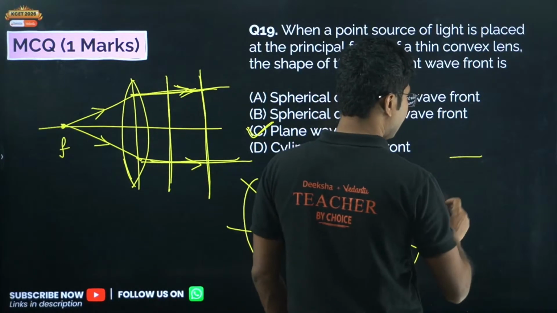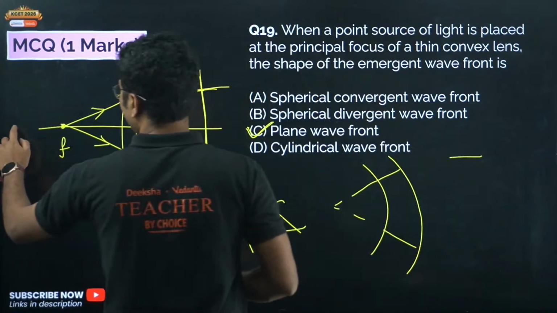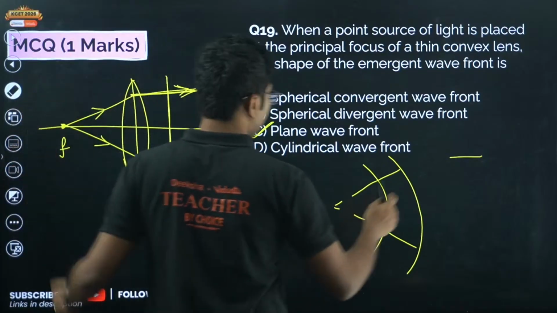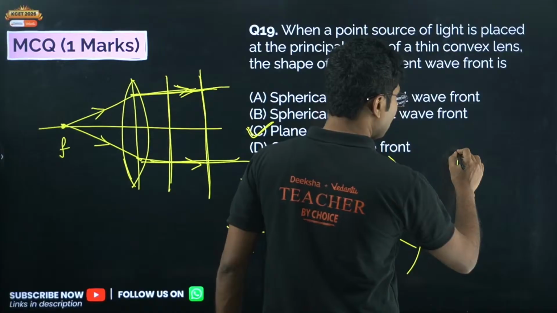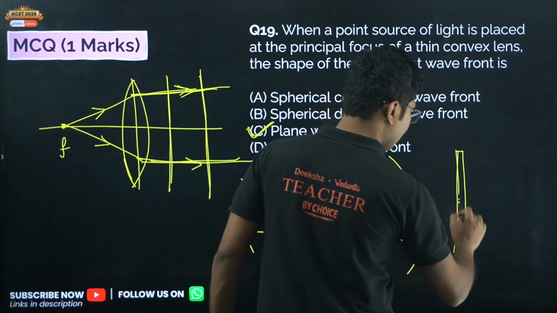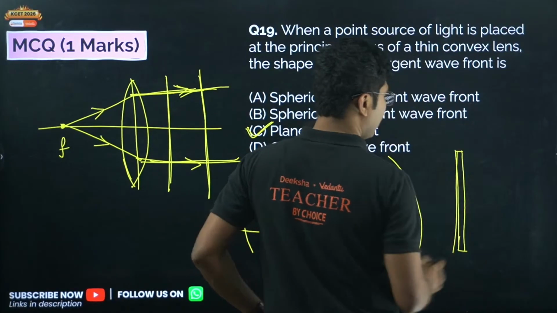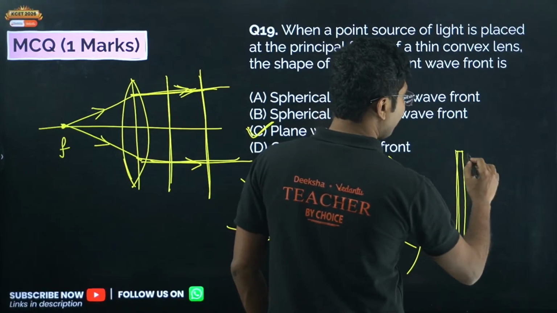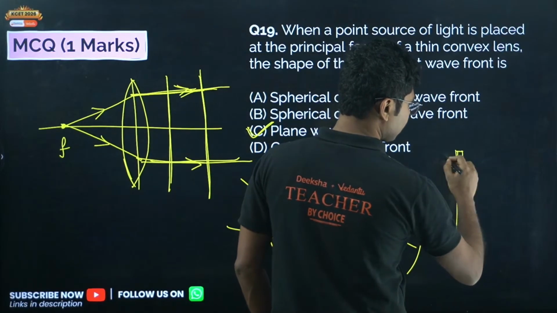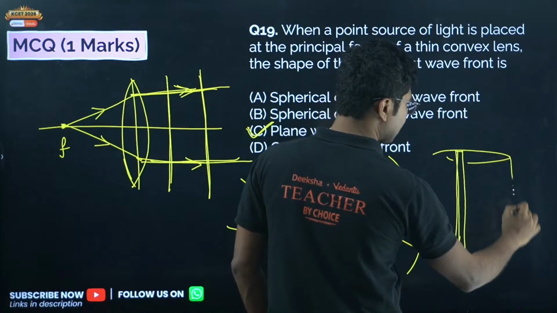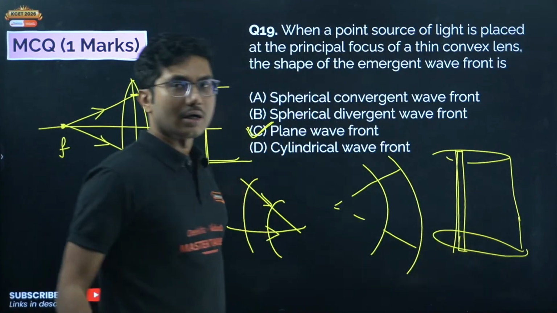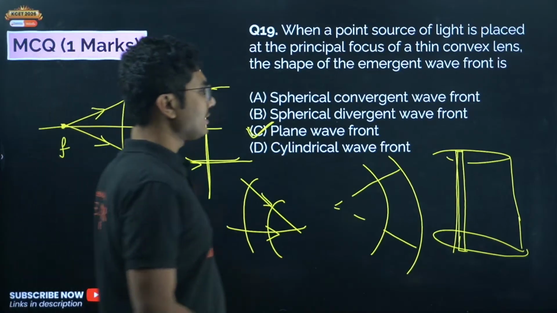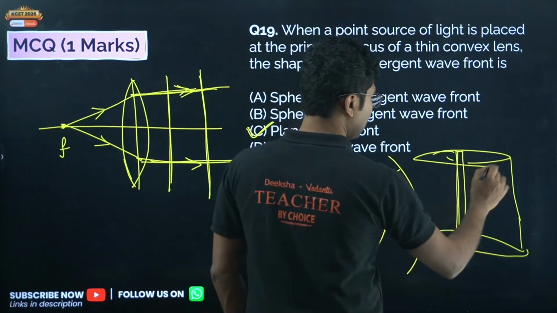If you take an extended source of light, for example a tube light, in that case the wavefronts are cylindrical in nature. It can be considered as the convergence of multiple spherical wavefronts, and you will get a cylindrical shape.